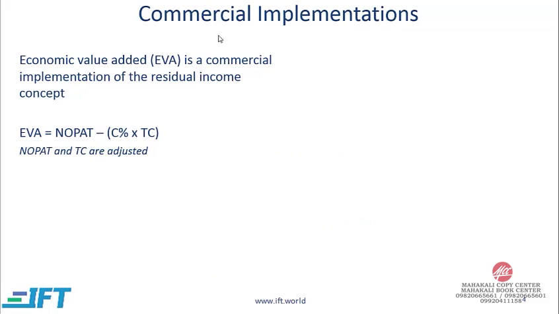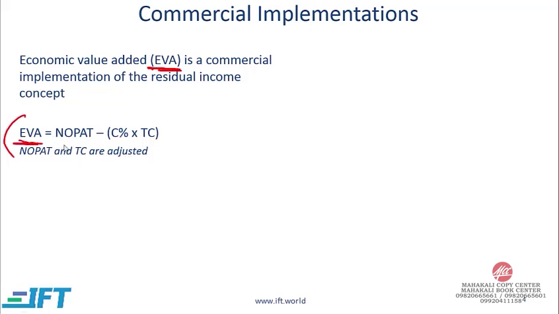Next, we talk about some commercial implementations, and this is a very straightforward concept. Economic value add, or EVA, is a commercial implementation of the residual income concept. What you are looking at here might appear to be a different formula, but this is exactly what we just saw.